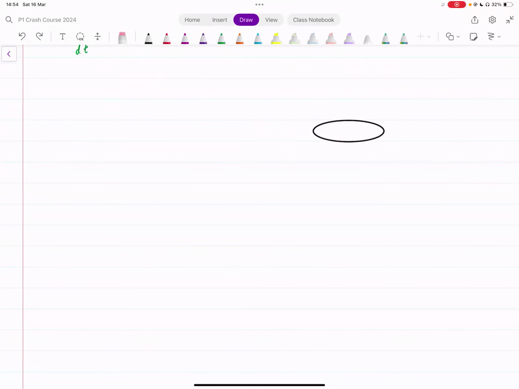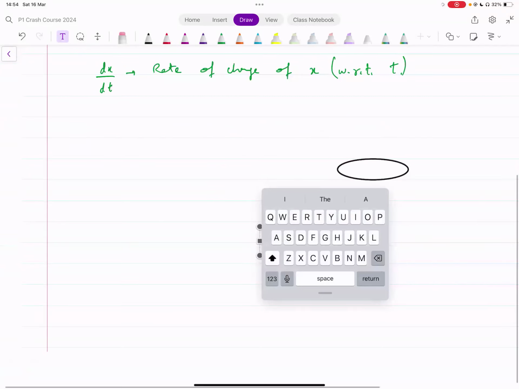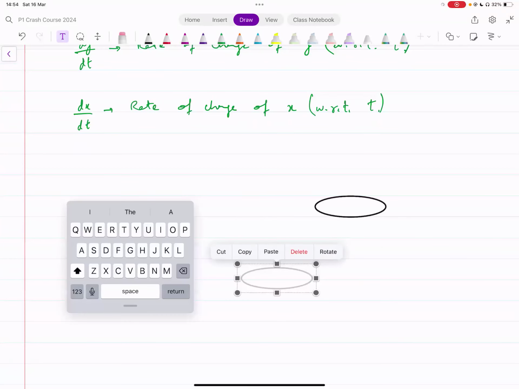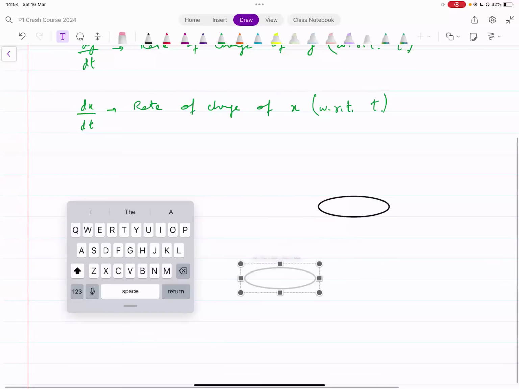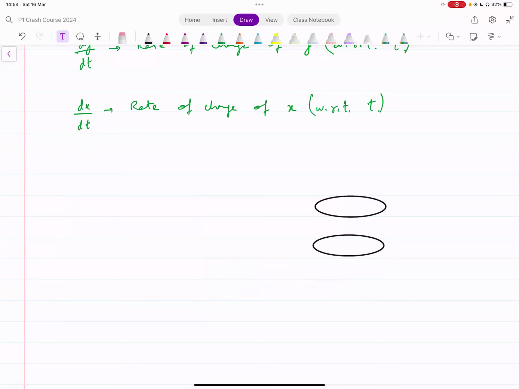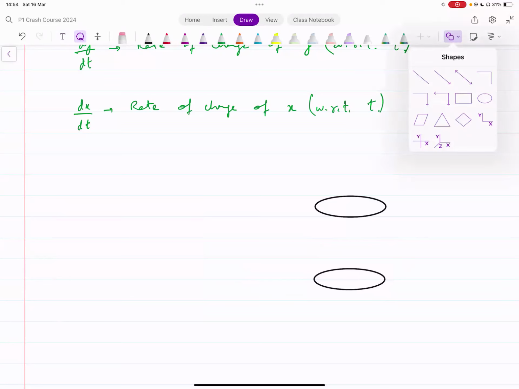Let's say you have a cylinder that looks like this.